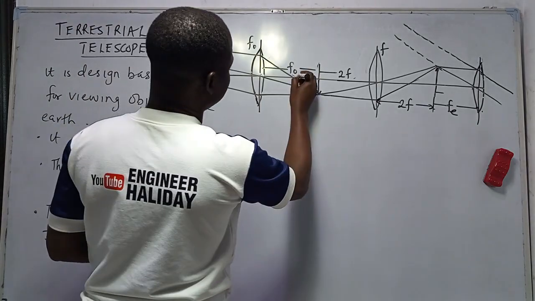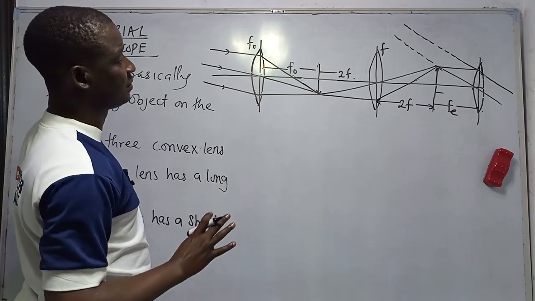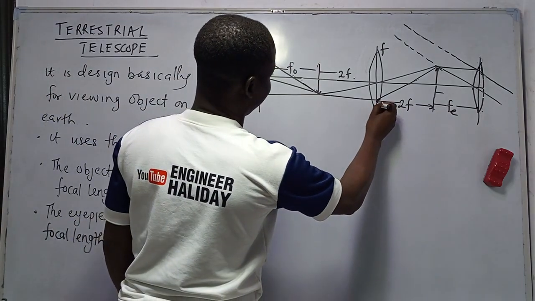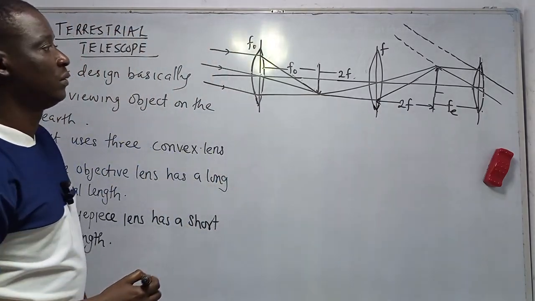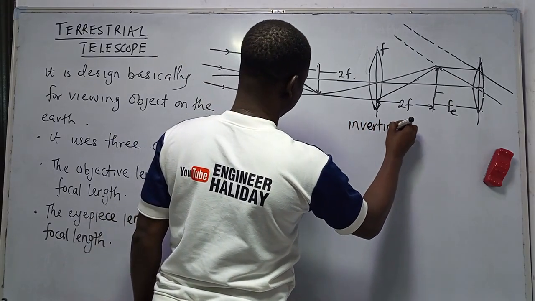Having gotten that, this is the diagram we are going to have. So we have the middle lens, which you call the inverting lens.